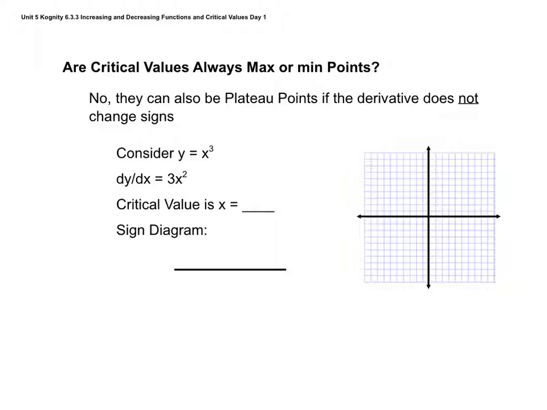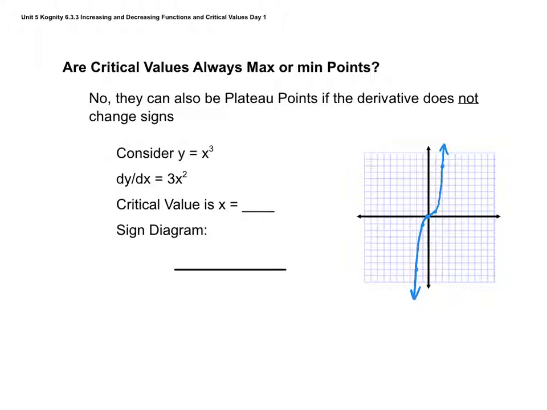Okay? And that happens in the case of the parent function y equals x cubed. Now you guys know what this looks like. We have 0, 0, 1, 1, 2, 8, negative 1, negative 1, negative 2, negative 8. We have this parent function for the cubic function.